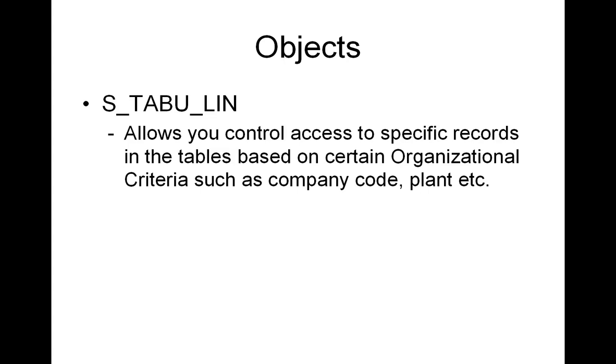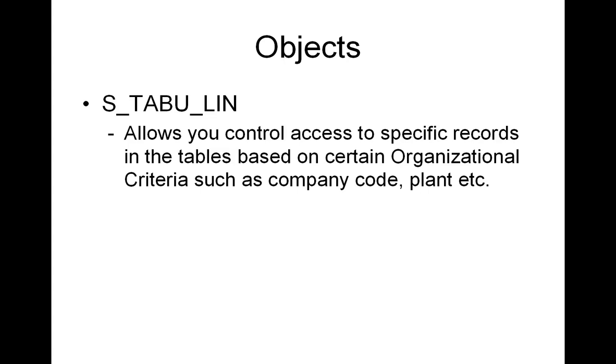If the table meets these two requirements, that is, the field should be an org level, and the field has to be a key field, you can build line authorizations on those tables.